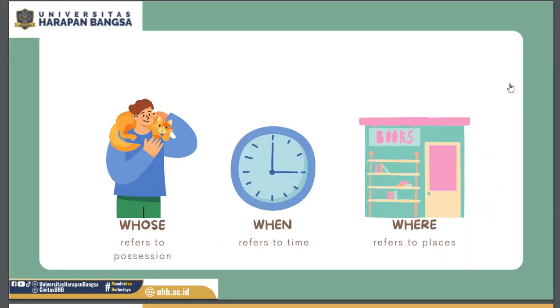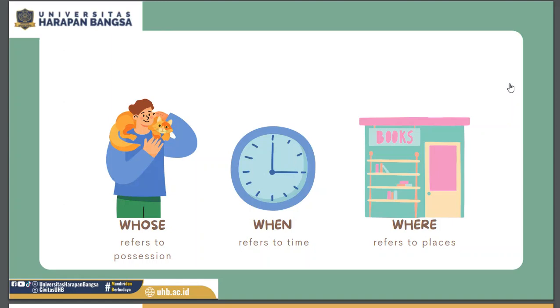And whose refers to possession, what people have, like this boy has a cat, that's possession. And when refers to time, in summer, on Monday, and etc. And where refers to places like shopping mall or library, museum, and etc.